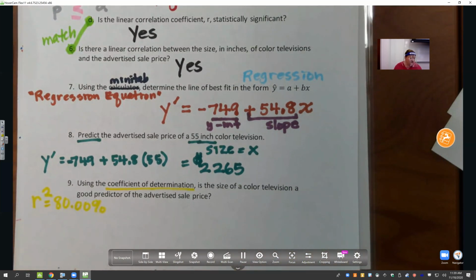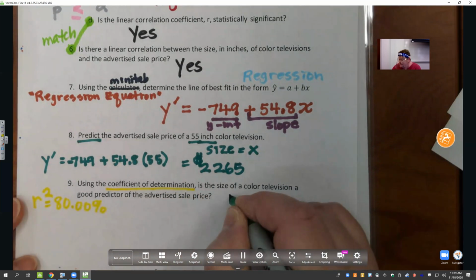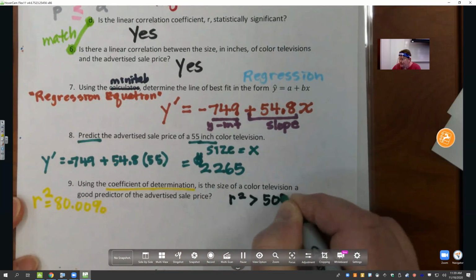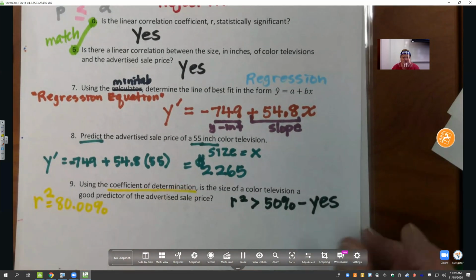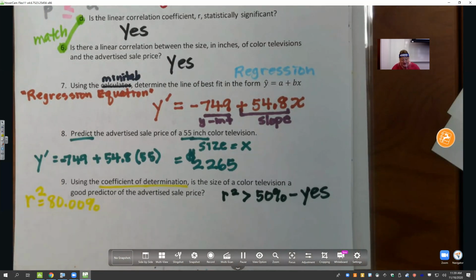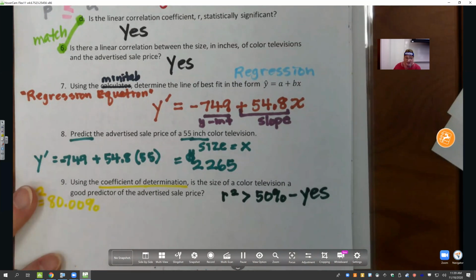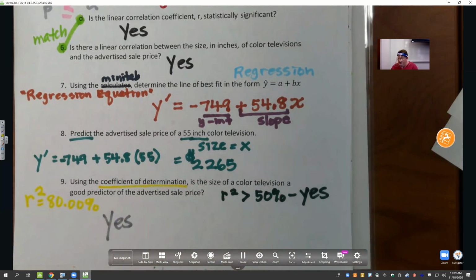And remember, I told you there's really some more math that goes on behind the scenes, but our rule of thumb is if r squared is greater than 50%, then we say, yes, it's a good predictor. And I hope you realize that 80% is greater than 50%. So we could say, yes, that the size of the color television is a good predictor of the price.